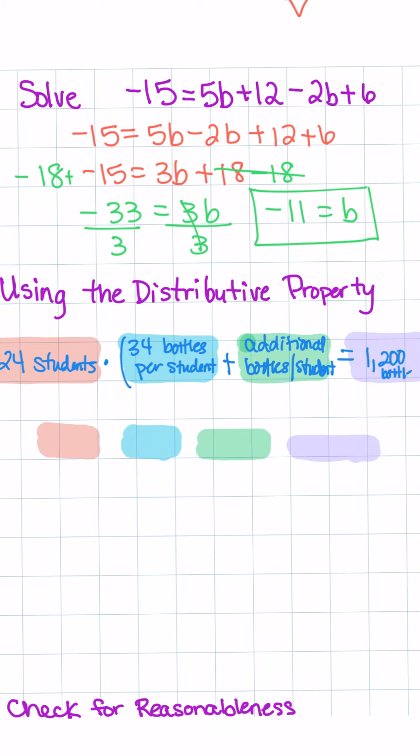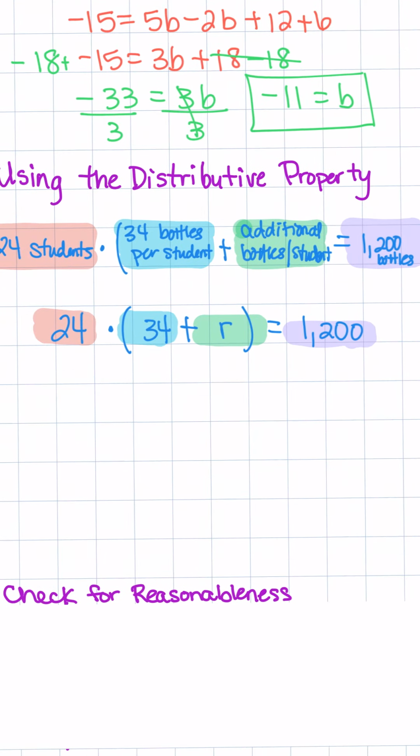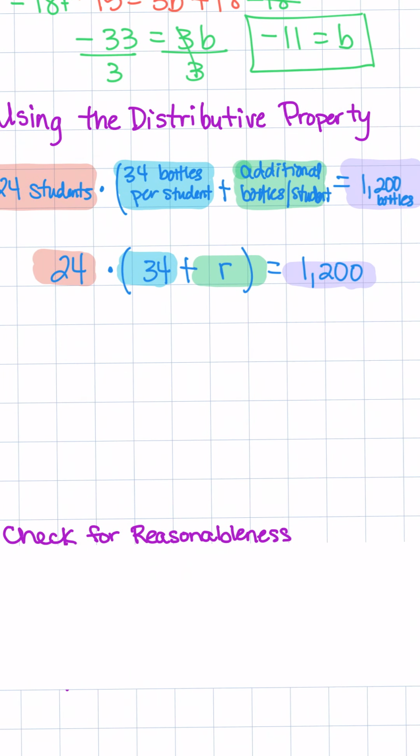So if we had 24 times 34, plus the additional bottles per student, let's call the variable r, I'm going to add those, and that is going to equal 1,200. The first thing we want to do is use the distributive property.